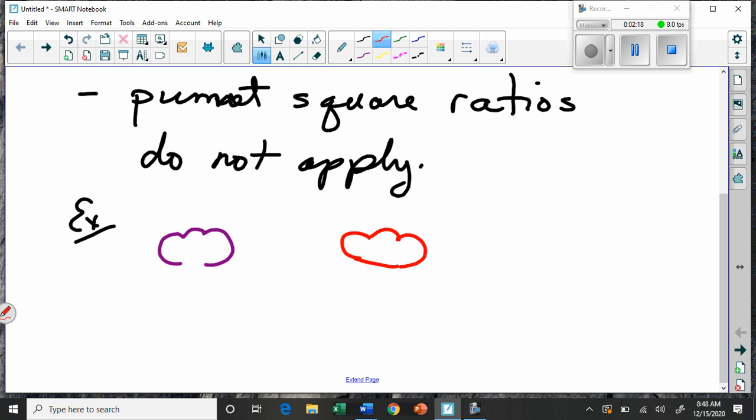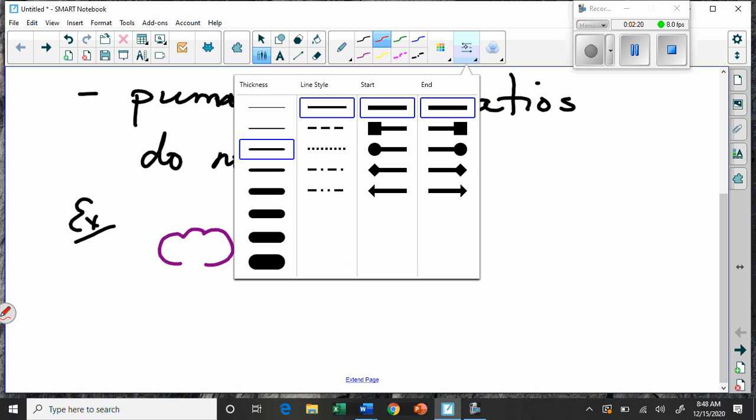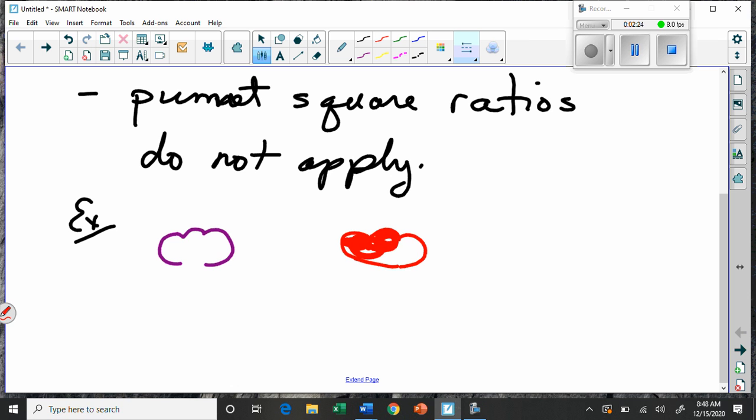I'm just going to draw the actual flowers rather than all the stems and leaves and everything, and then I'll color them in red. There's a red flower, and a purple flower. So I'll just make them look like flowers real quick. There we go. One flower.